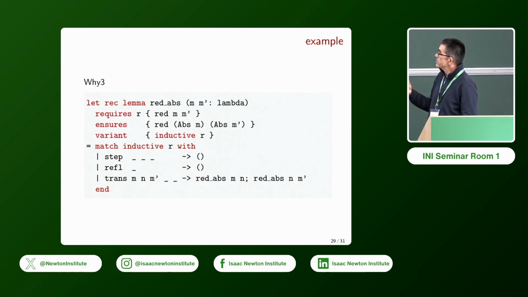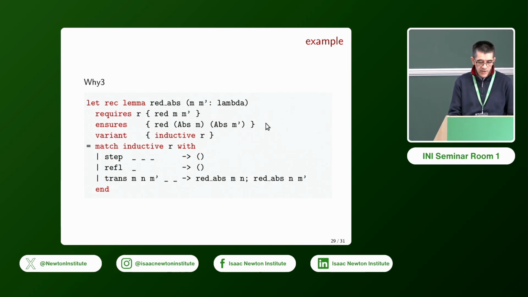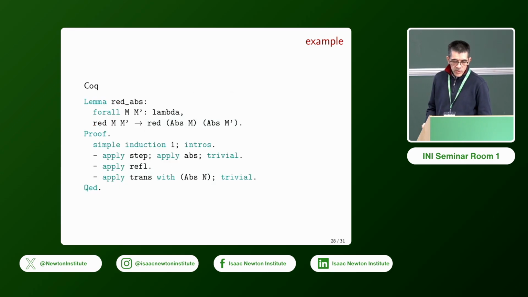Here we are doing something slightly different. We are defining a recursive lemma function to do the proof, but with the same statement, same hypothesis here and conclusion here, and we are performing the proof by case analysis over the 3 cases of the inductive definition. So it looks much different.